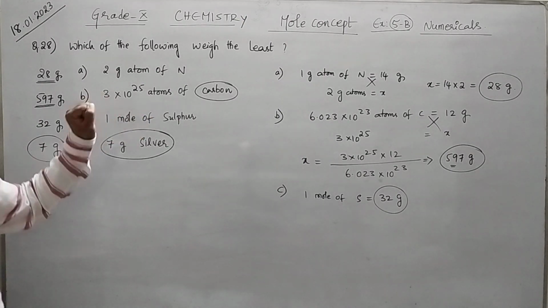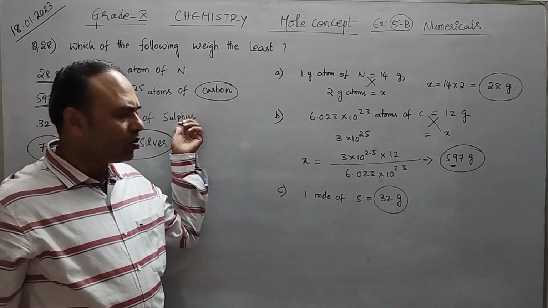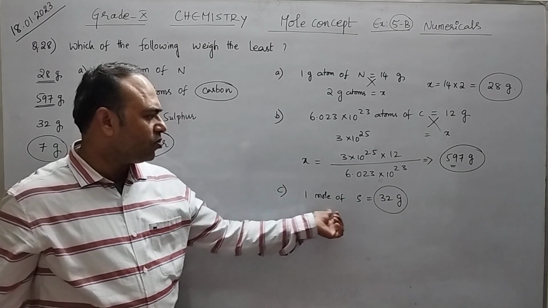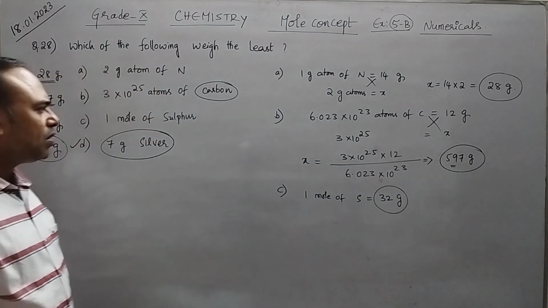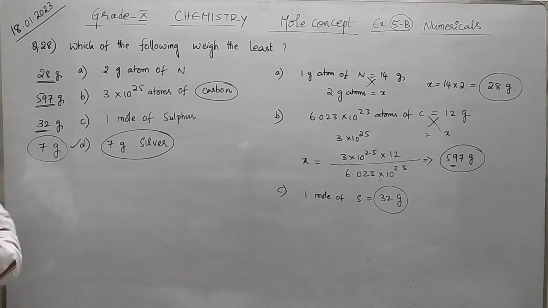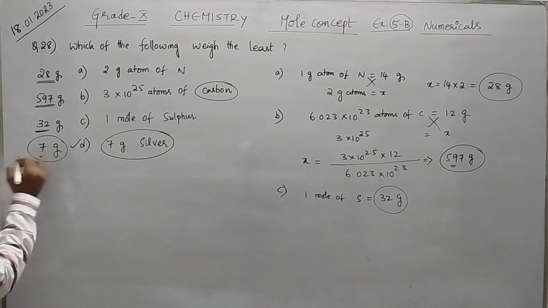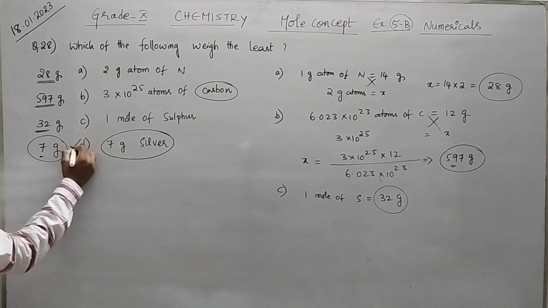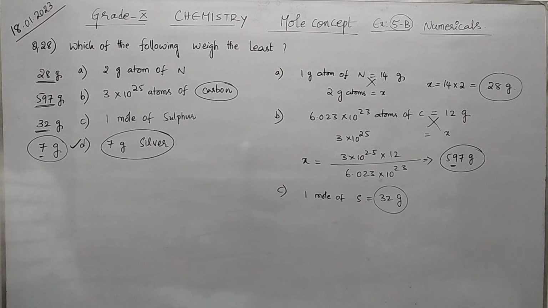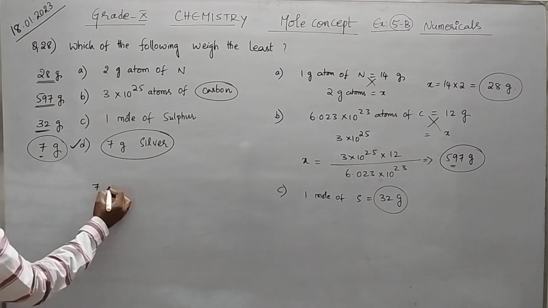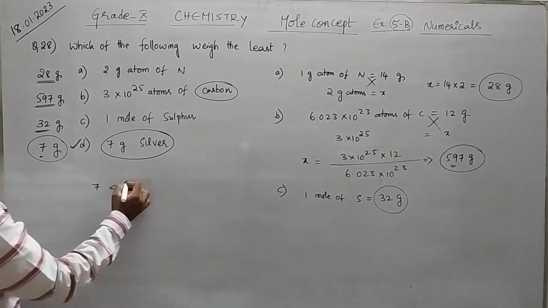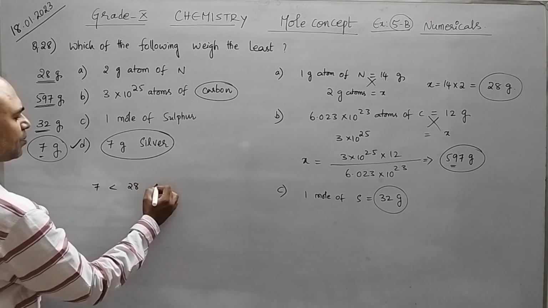Now 1 mole of sulfur, what is the atomic mass here? You know 32. So therefore 1 mole will be equivalent to 32 grams. So third one 32. The last one already they have mentioned 7. So which one is the least here? 7 grams is least. So if you put in order, 7 is less. Next comes 28 grams.